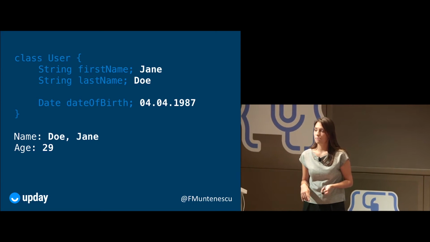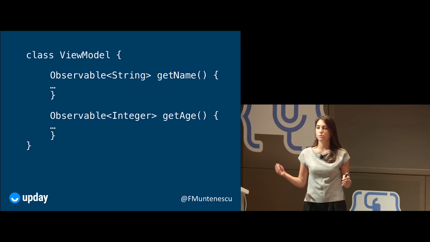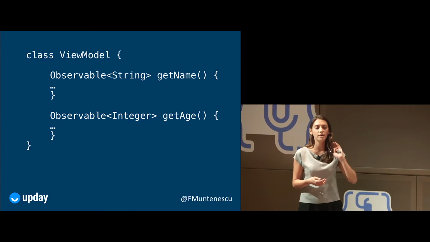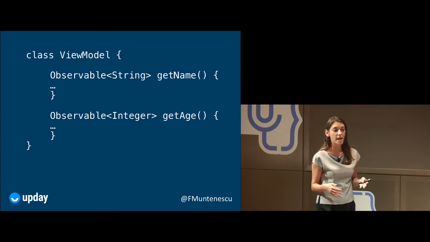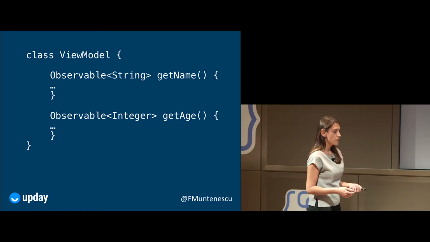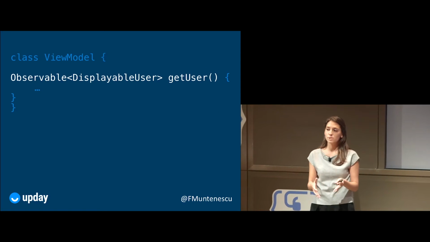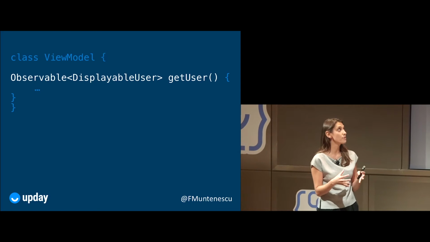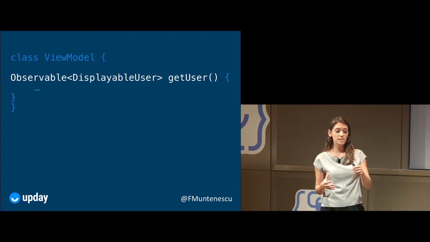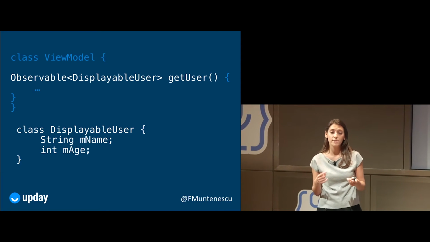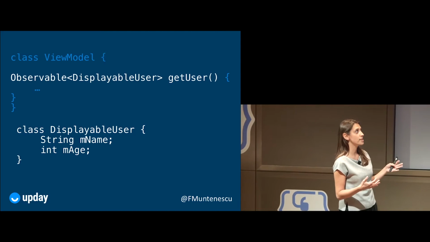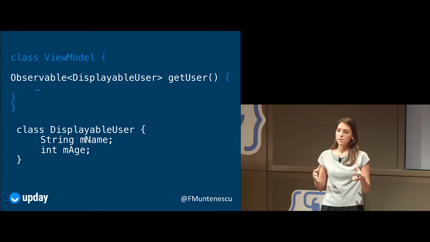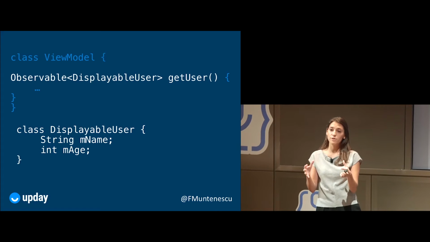Probably at the beginning you would be thinking that, well, that's simple, we just expose two observables, right? One for the name and one for the age. But actually, what the view model does is expose a state of the view. So we should just encapsulate these two elements into only one field, a displayable user, for example. Like this, the view model exposes a model for the view in the app.